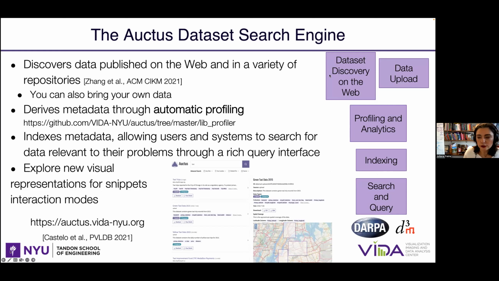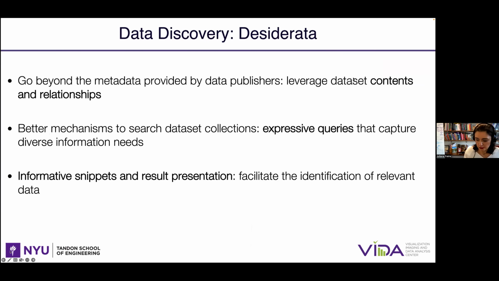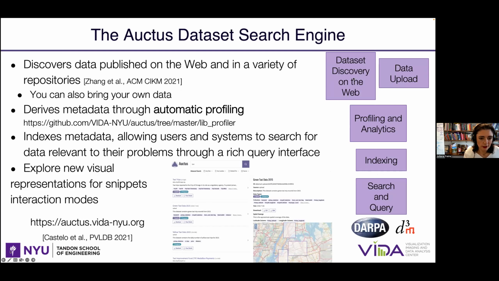We use the basic structure of the architecture of search engines to try and figure out how to address the unique requirements for dataset search. So the first one is how do you actually populate your search engine, right?